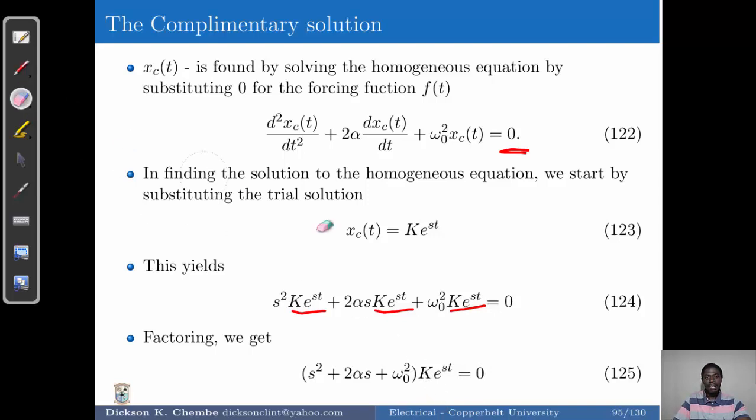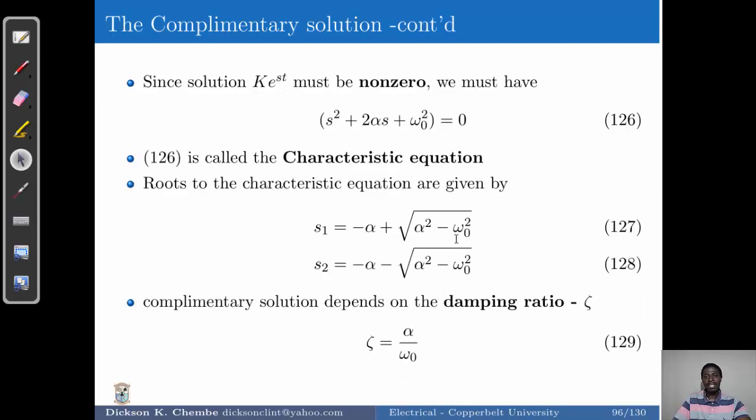Further, we must take note that k e^(st) must be non-zero. If it is non-zero, then the equation becomes s squared plus 2 alpha s plus omega naught squared equal to 0. And this is what we call our characteristic equation.